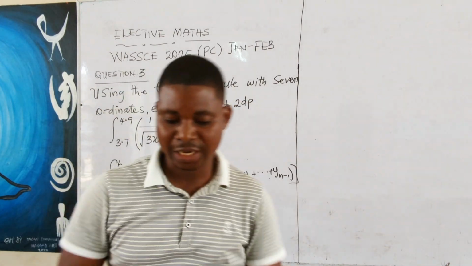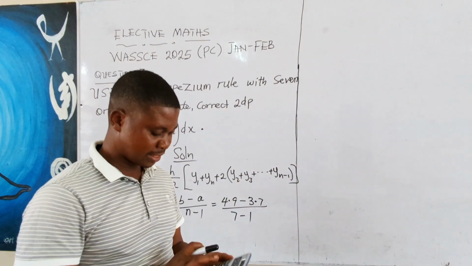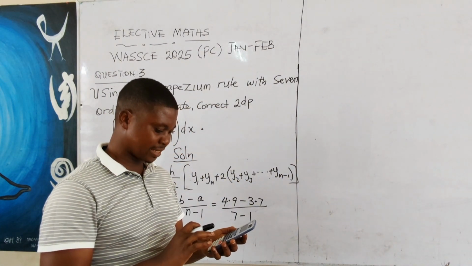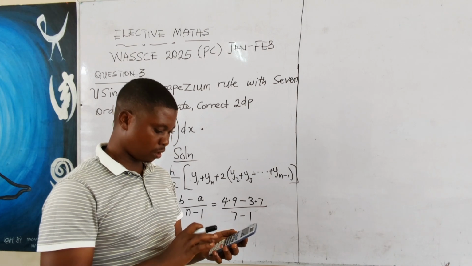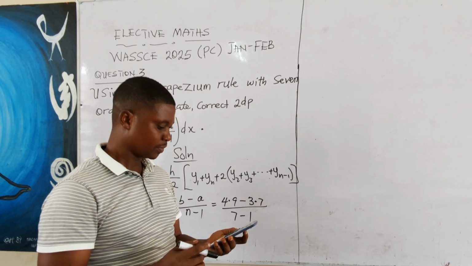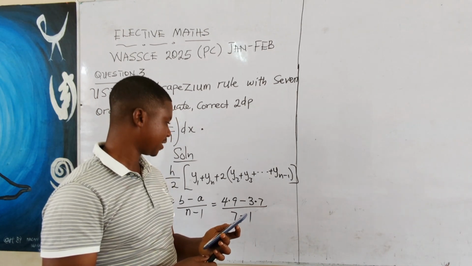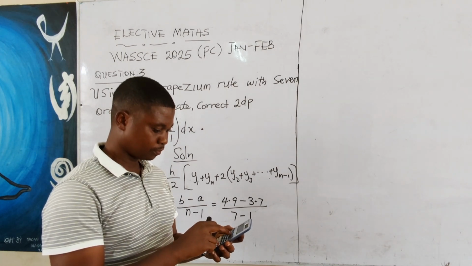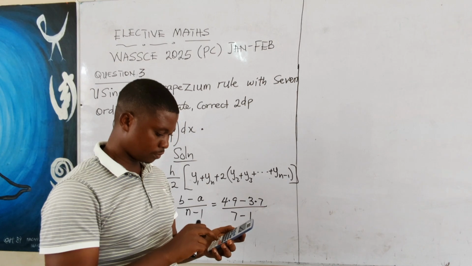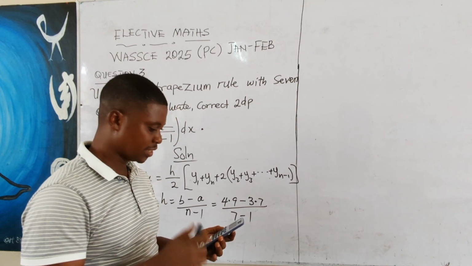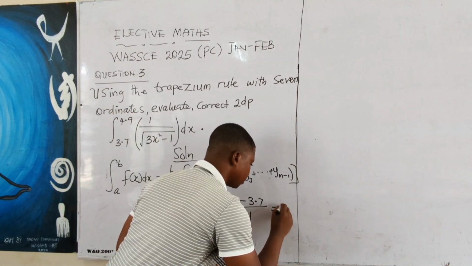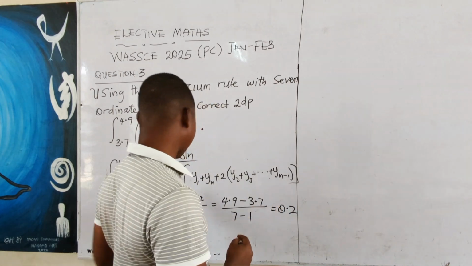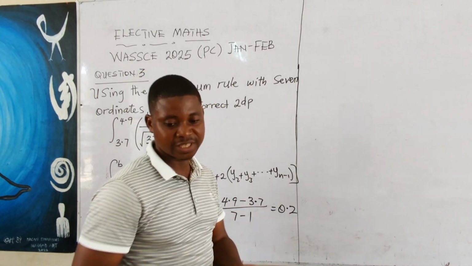From our calculator, 4.9 minus 3.7 all over 6 will give us 0.2. So that is our interval, which is h.